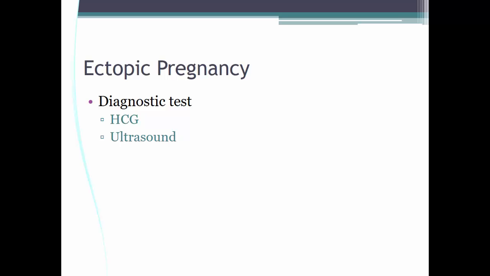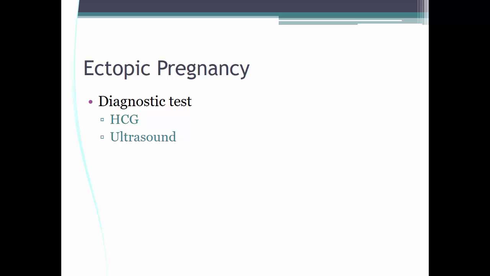In addition, you could use, again, as I said, ultrasonography, but you have to look at the extrauterine areas, not the intrauterine areas. And the treatment is basically surgical resection.